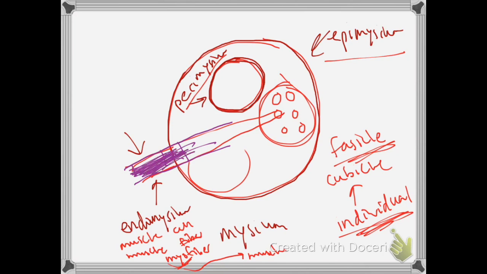But the whole point is all this stuff is moving. So if it was held by dense irregular connective tissue, we wouldn't get this shortening and thickening, this contracting. So we have dense irregular connective tissue to hold all these bigger elements of the muscle in place, but these actual sliding, moving parts are covered by reticular connective tissue. So it makes more of a mesh than this wrapper.